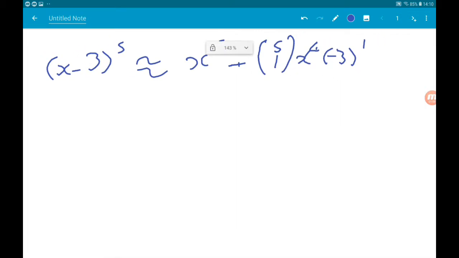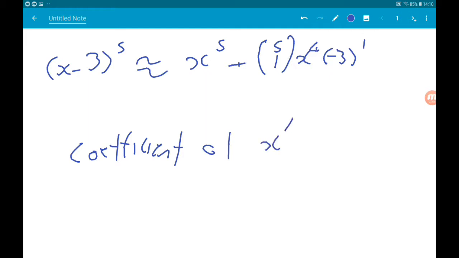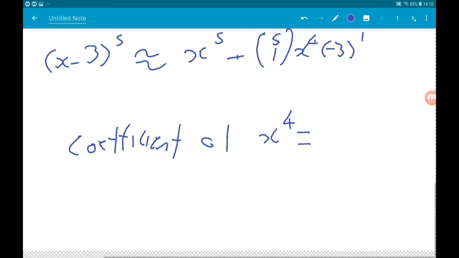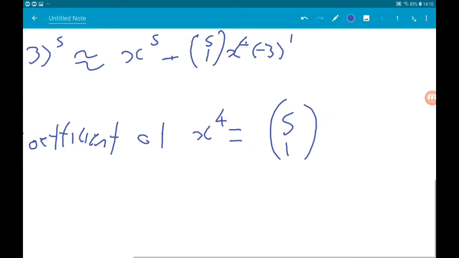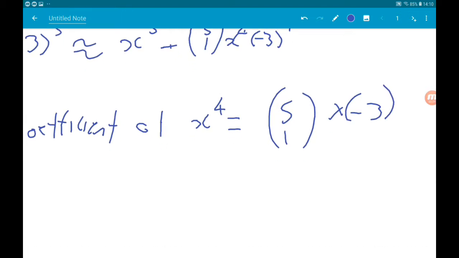So the coefficient of x to the 4 is 5 choose 1 times minus 3. Now 5 choose 1 is 5, so we get minus 15. Cool.